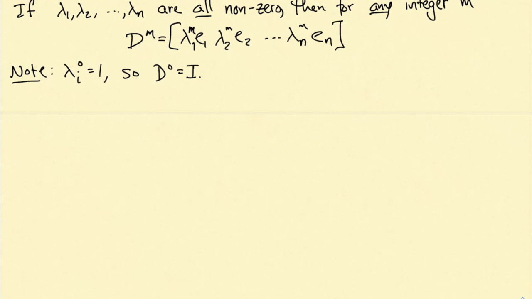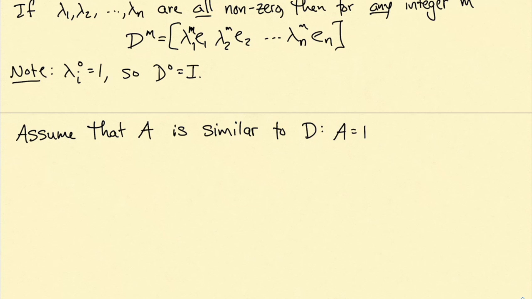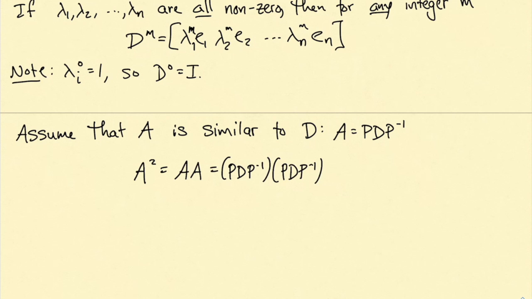If we are able to diagonalize our matrix A, then we can find a similar formula for powers of A. So if we assume that A is similar to a diagonal matrix D, that is, it can be expressed as A equals P D P inverse, then A squared, which is simply A times A, can be written as P D P inverse multiplied by P D P inverse.